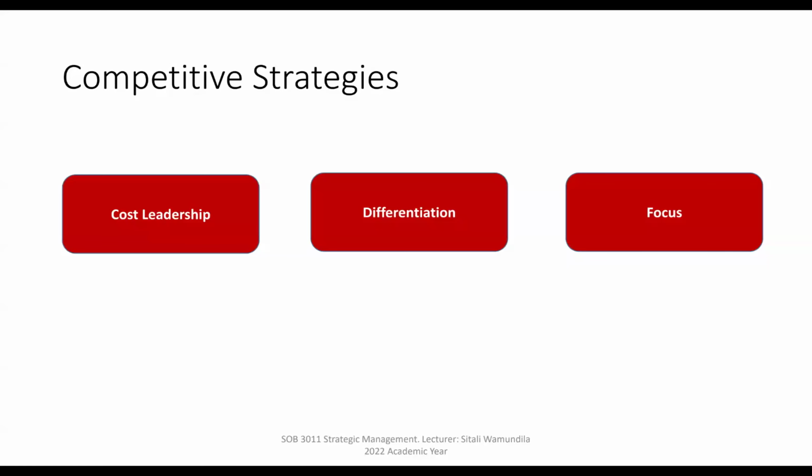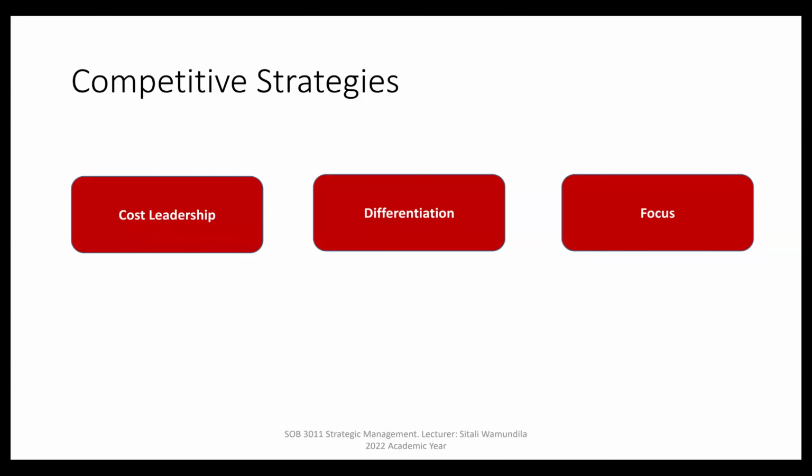We will start with the competitive strategies. The major competitive strategies that we do have are as follows. Number one, we have what is known as cost leadership. The second one is differentiation, and the last one is focus.